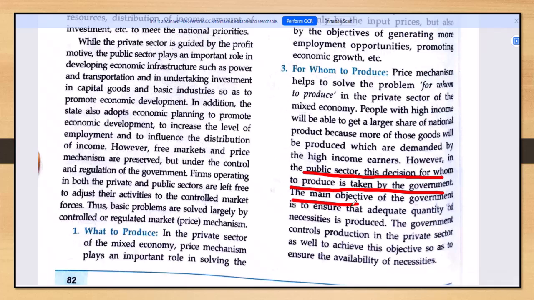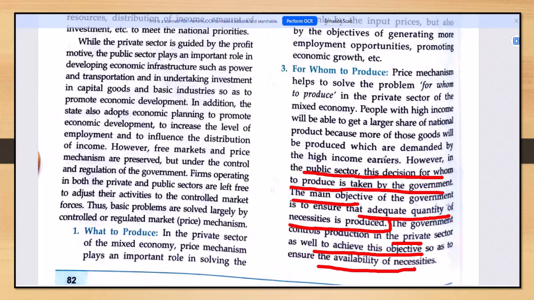The main objective of the government is to ensure that an adequate quantity of necessities is also produced. The government thus controls the production of the private sector as well to achieve its objective of ensuring the availability of necessities. So we see that for whom to produce, as far as the mixed economy is considered, people with higher income will be able to get a larger share of the national income product, obviously because they are the people who can afford more.